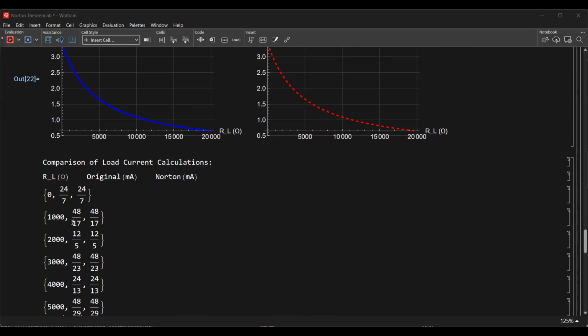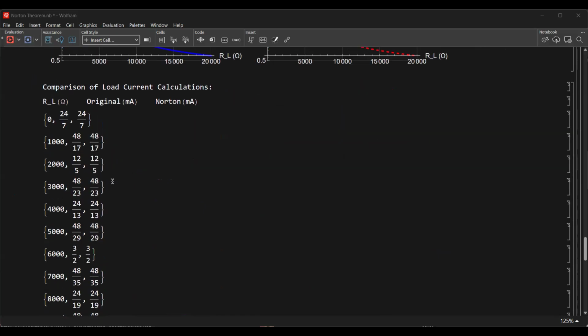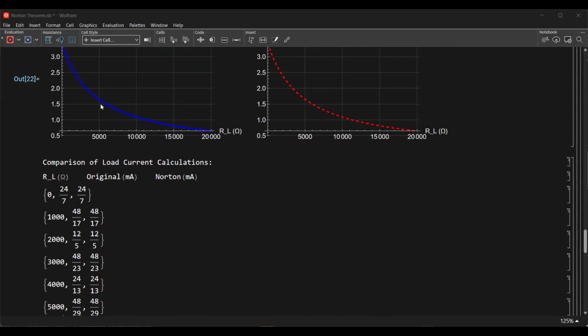Now for 5,000, RL is equal to 5,000, the corresponding current from the original circuit is 48 over 29, and the Norton circuit also gives 48 over 29.